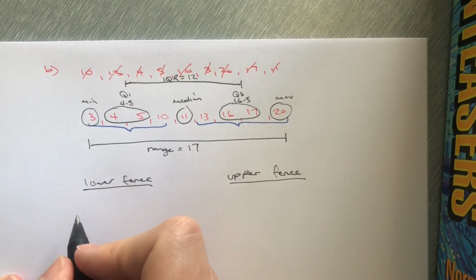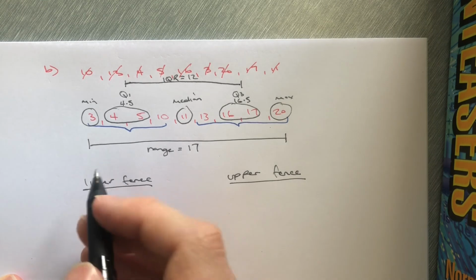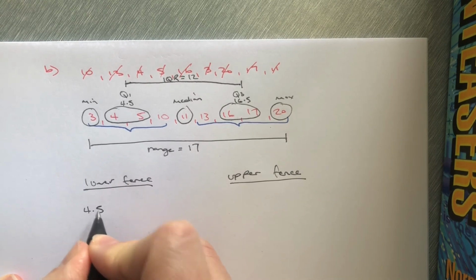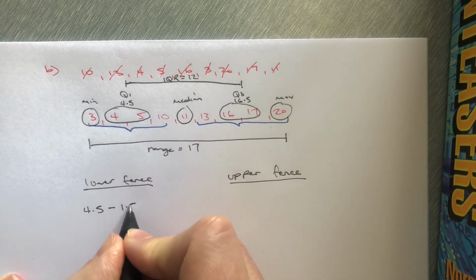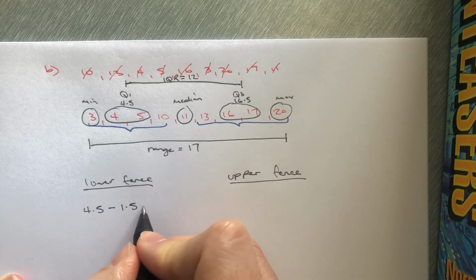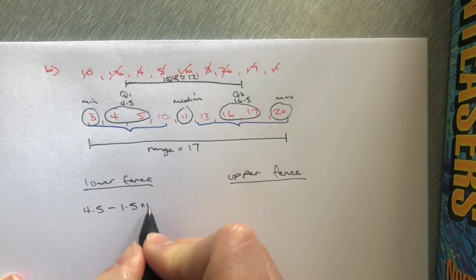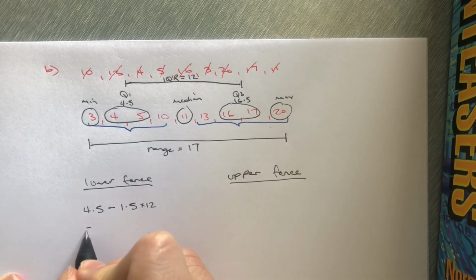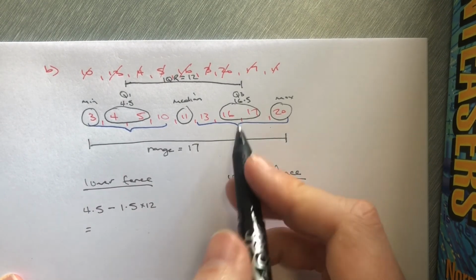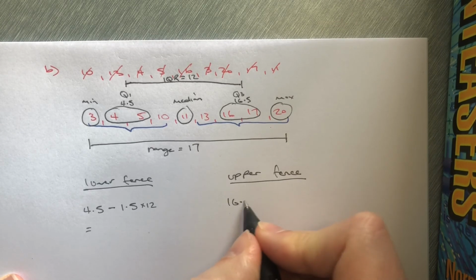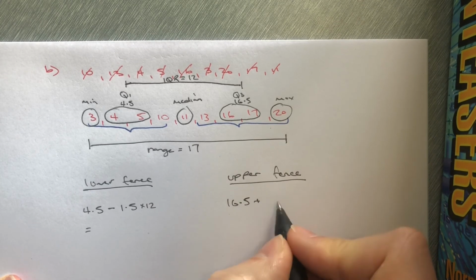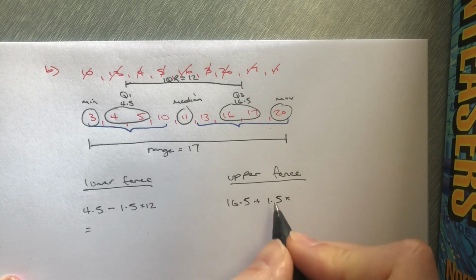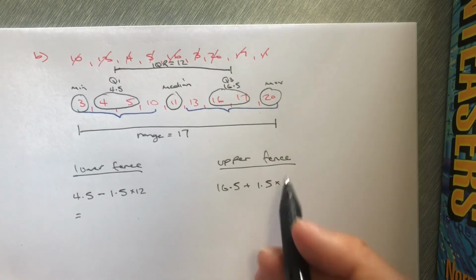Alright, now the lower fence was Q1, which is 4.5, minus 1.5 times your IQR, which was 12. And your upper fence is going to be Q3, which is 16.5, plus 1.5 times your IQR, which was 12.